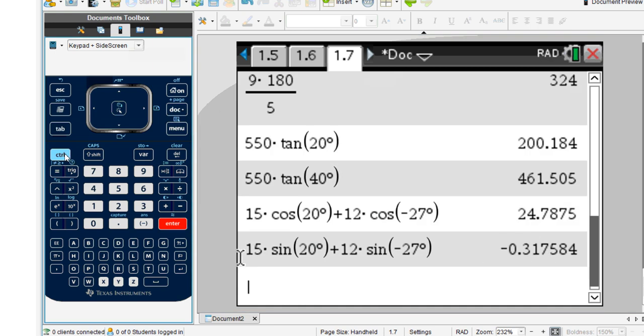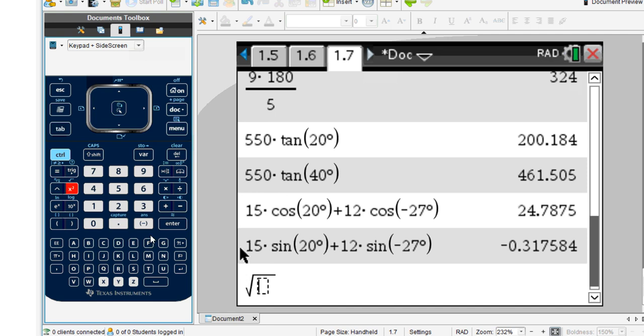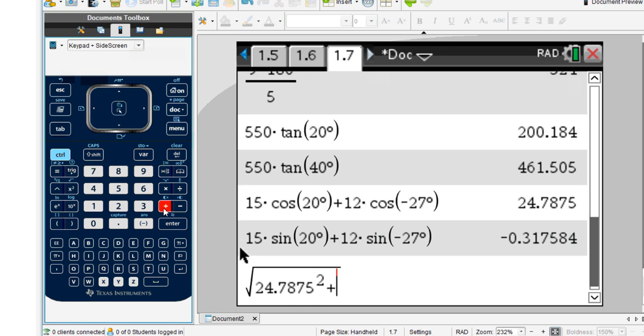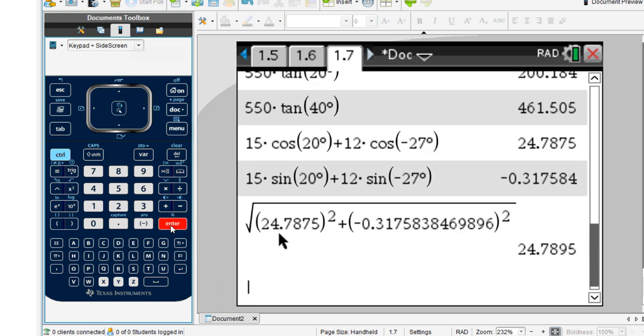So if we take this whole thing, 24.7875 squared plus ANS, because that's the last thing calculated, squared, we're going to get a net force of 24.79 pounds.